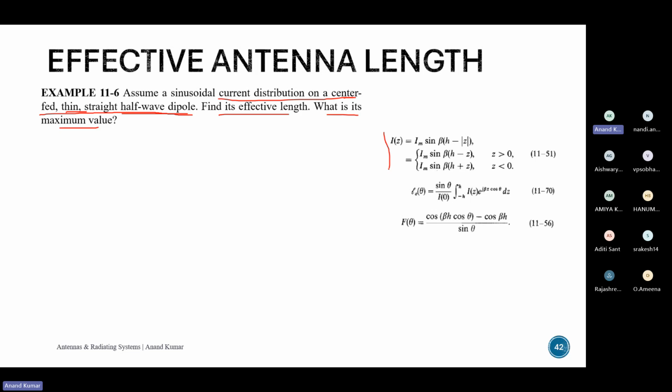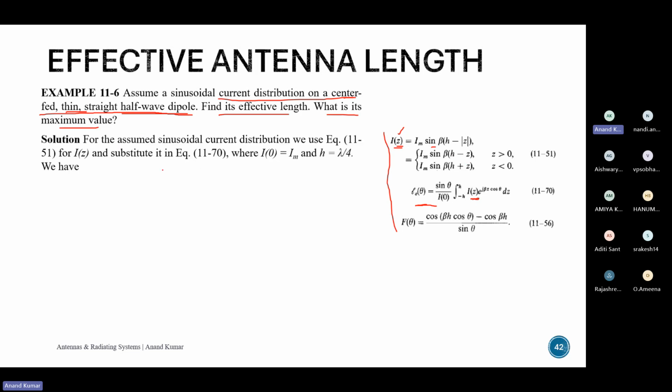From the previous discussions, we have this information: this is how the current will be distributed along the antenna, a sinusoidal current distribution. In the previous slide, we derived the expression for the effective length, and this current distribution can be substituted over here. So let's do that.